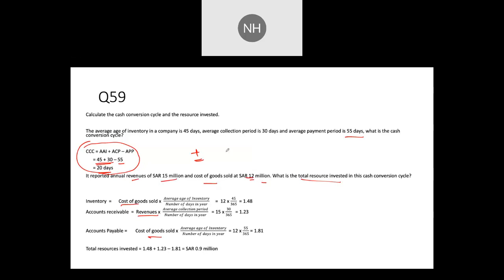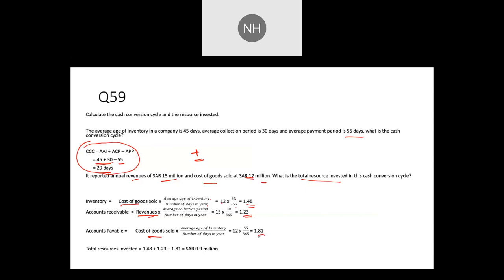Now, the cost of goods sold multiplied by average age of inventory divided by number of days in year: 12 multiplied by 45 upon 365. I have calculated it's 1.48 million. Accounts receivable, it's revenues, 15 multiplied by 30 over 365, it's 1.23. And accounts payable, the cost of goods sold multiplied by the payment period over number of days in year, 12 multiplied by 55 over 365.